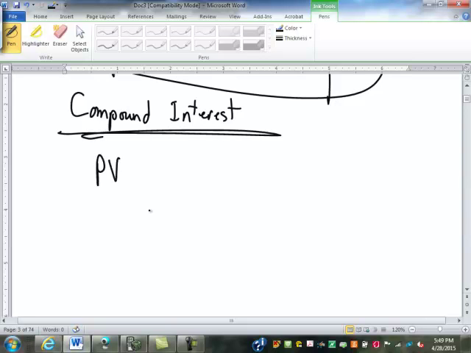So in compound interest, present value is the amount we have now. Future value is the amount we will have at some future time. And in between there, of course, is the interest, the compound interest.